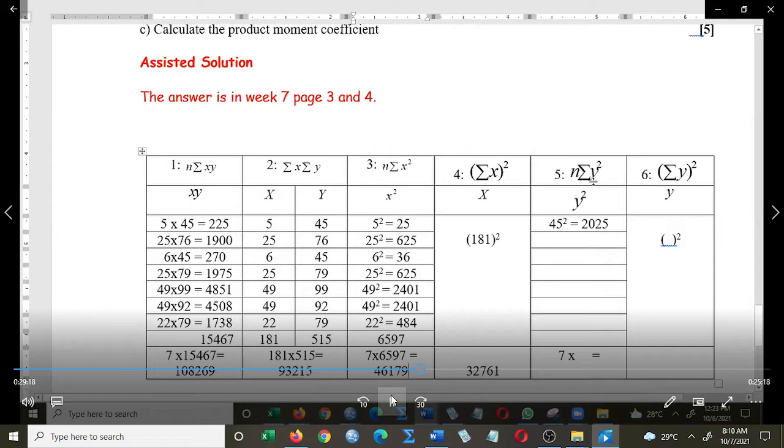We have to find the squares of the y first. The first square of the y was found. Verify if that's the true value. The next y is 76. As I'm doing that, you can be writing and actually doing it.